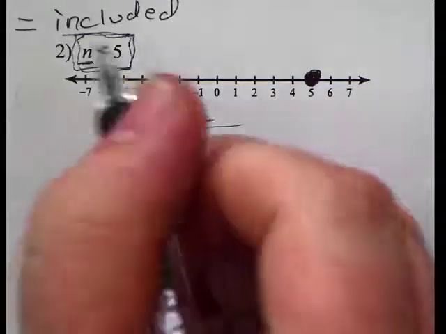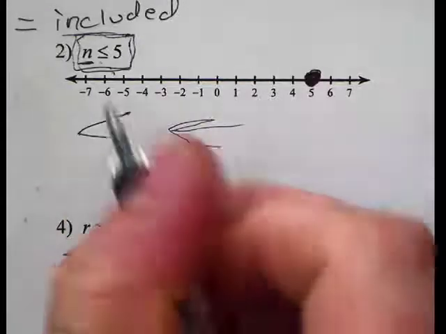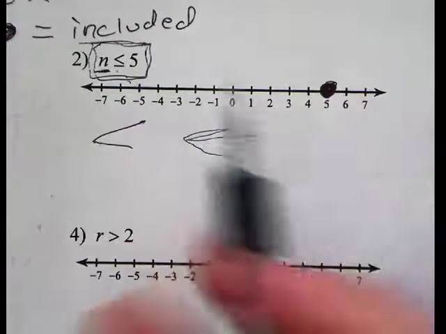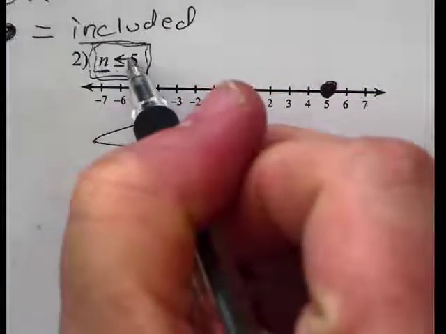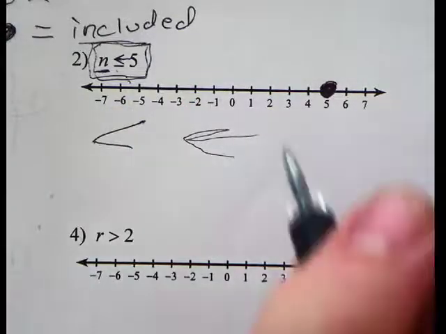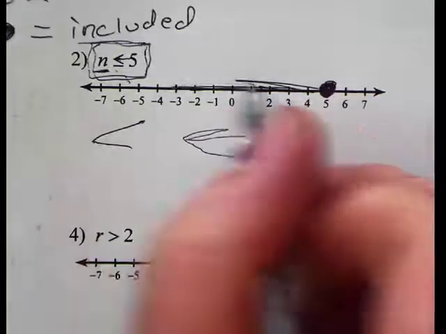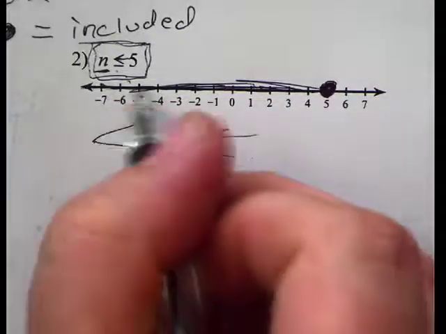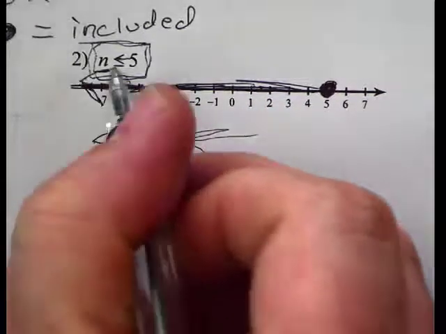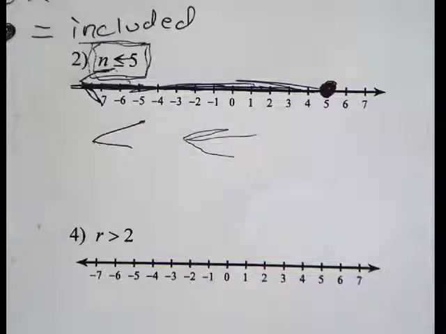But also notice that if I say less than, like right here, I can make that look like a little arrow. So that's telling me I got to shade in this direction. It doesn't have to be perfectly neat as long as I know where you're shading.